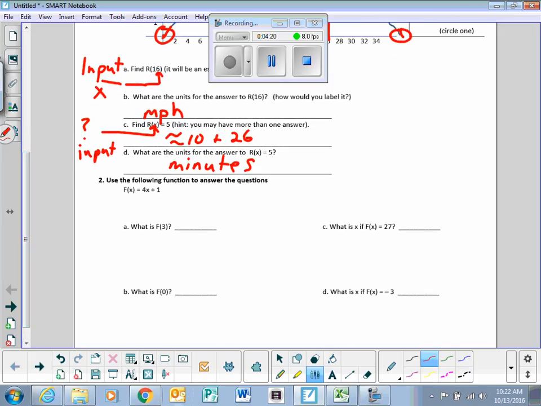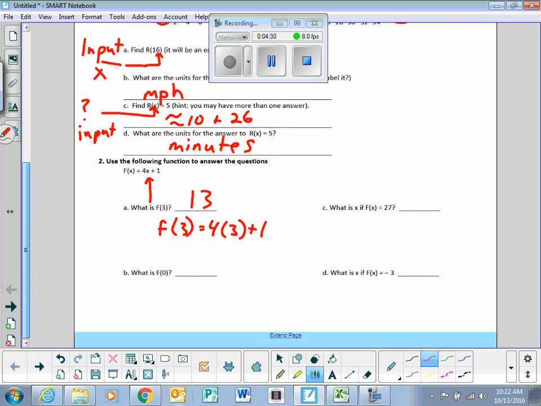Most of you did very well on these. When I put 3 into this function rule up here, what do I get out? This would be 4 times 3 plus 1, which is 12 plus 1, 13. f of 0 would be 4 times 0 plus 1, which is 1. Now here it's saying what input will give me an output of 27. That's where I just make my outputs equal to each other and solve for x.